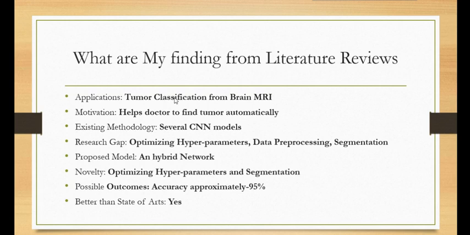So here you can mention that application is the introduction, motivation, existing methodology and research gap, the proposed model is your method, novelty also is your method, possible outcome, and this one is the discussion. So this is my finding. So from this data, how can we write an abstract?